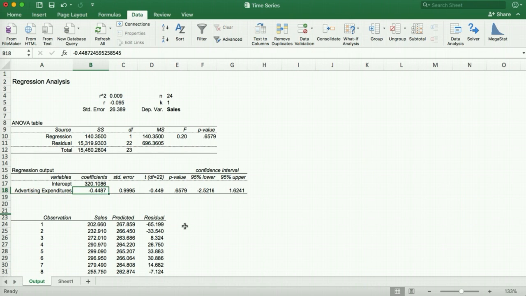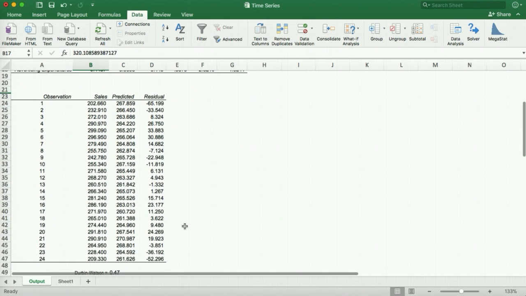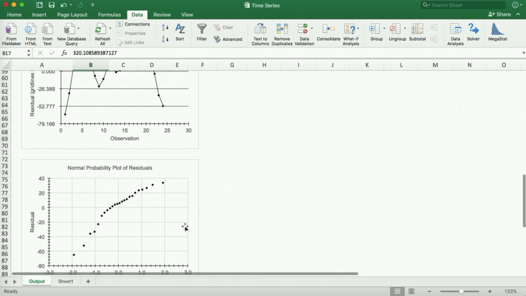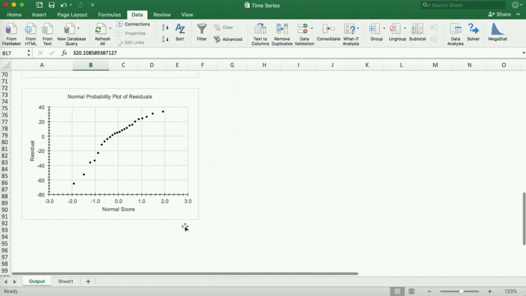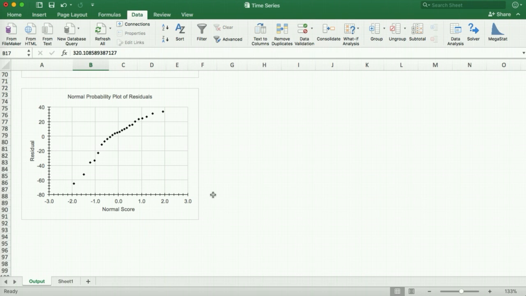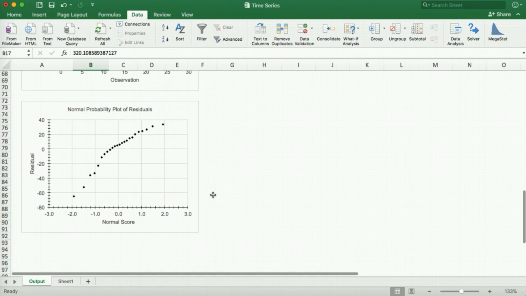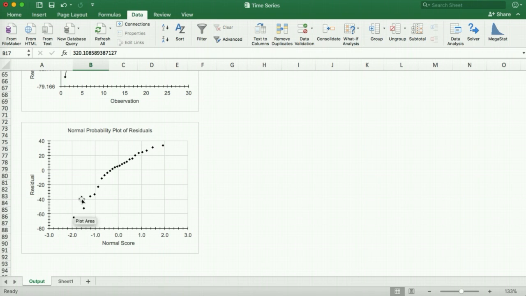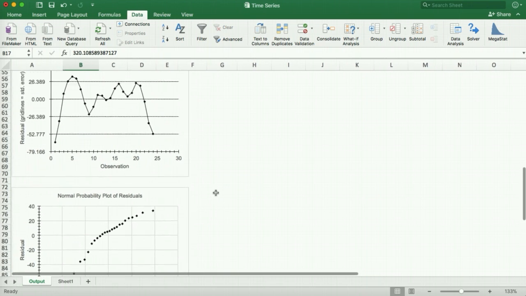Now, before we interpret the significance of these coefficients, we have to look first at the different plots in order to make an interpretation about the assumptions of simple linear regression. Here we have the normal probability plot, and as you can see here, it seems relatively straight. Therefore, we can say that the normality assumption is satisfied.